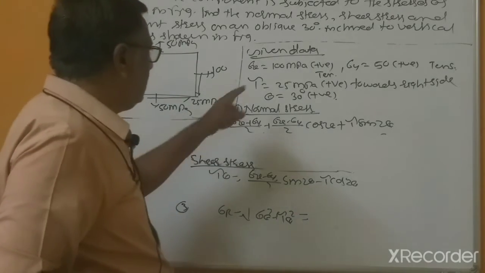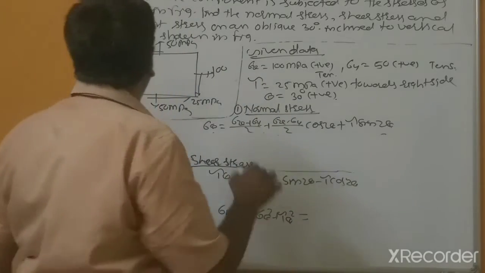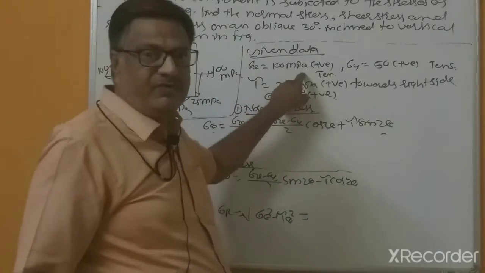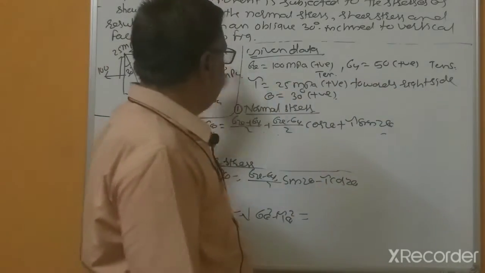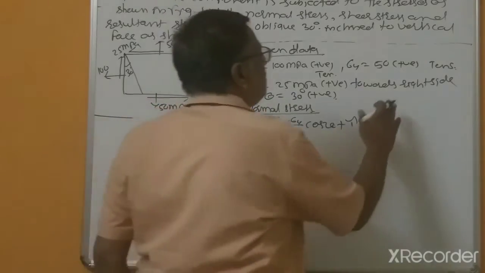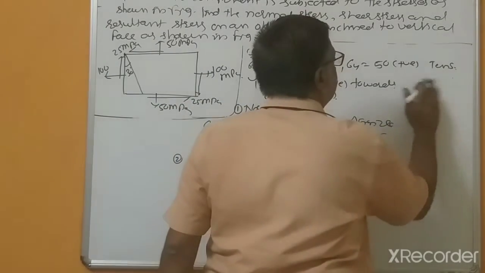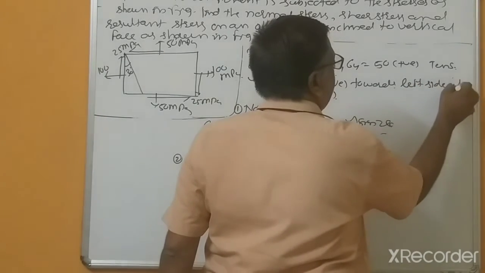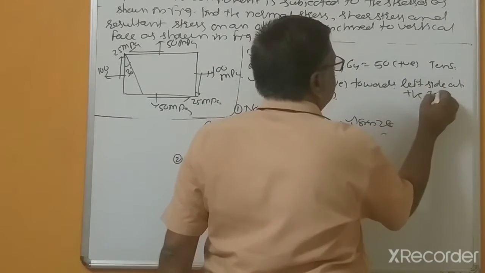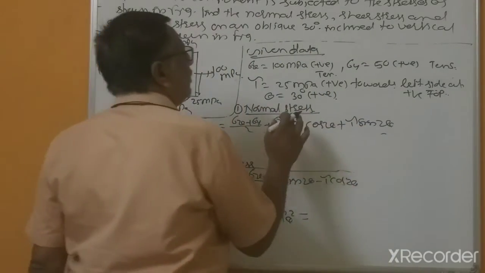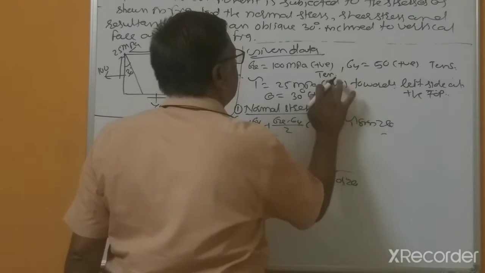So that's why this is 100, positive, because this is in megapascals and tensile, so that's why positive. This is 50 tensile, that's why positive. And this shear stress, instead of the right side, is towards the left side at the top, so that's why this is negative.